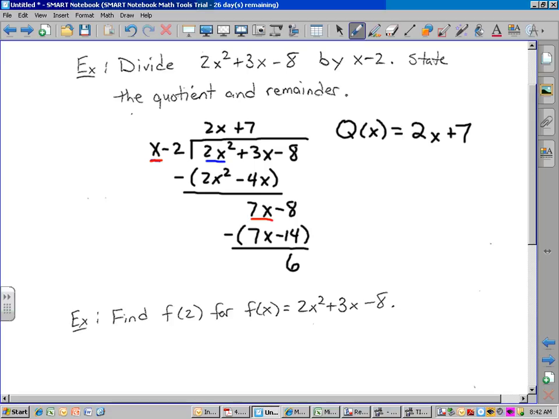We're also interested in the remainder. When we were talking about the slant asymptote, we had no interest in the remainder. Now we are. The remainder is 6. So again, we're just reviewing what we've done in Algebra 2, what we've talked about earlier when we studied rational functions and end behavior using long division.